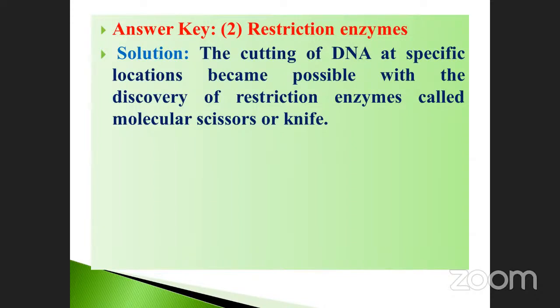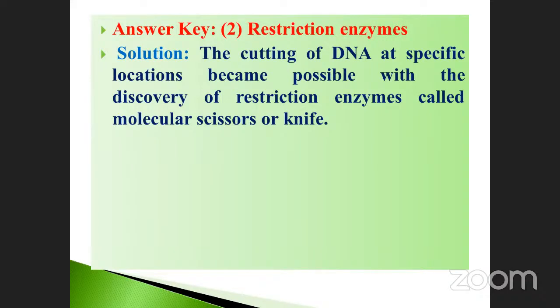If you want to cut any place of the DNA molecule, you need an instrument, a knife or scissor. The DNA is cut with the help of another molecule. That molecule is called what? RNA polymerase? Otherwise, sorry, a DNA restriction enzyme.